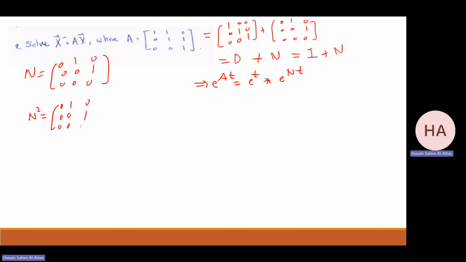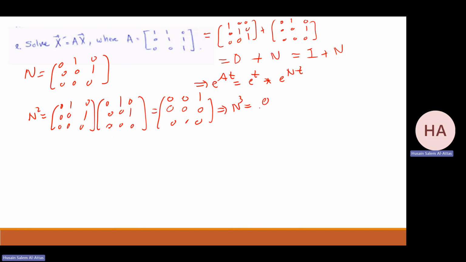Let me see what will happen. Let me check. This times this will be 0. First row times second column will be 0. Then I need 1 here. The rest will be 0. So N cubed will be 0, I can check it.